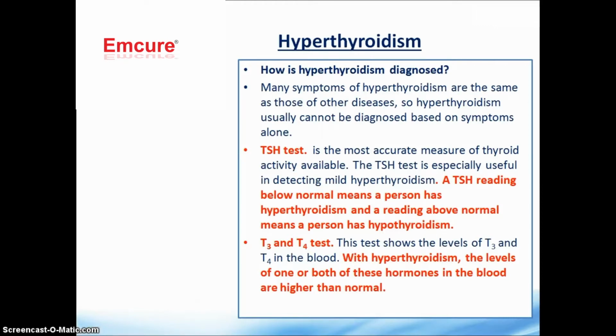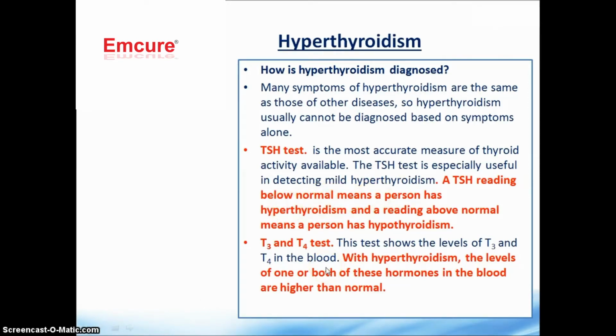T3 and T4 test. This test shows us the levels of T3 and T4 in the blood. With hyperthyroidism, the levels of one or both of these hormones in the blood are higher than normal. So in case of hyperthyroidism, when the levels are high, a TSH reading is, you can see here, below normal.